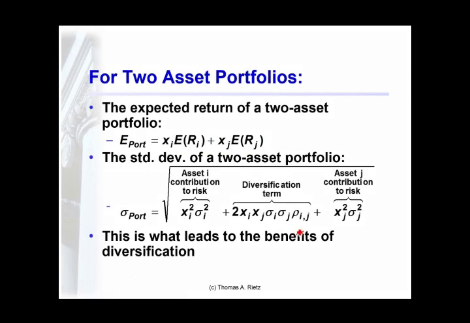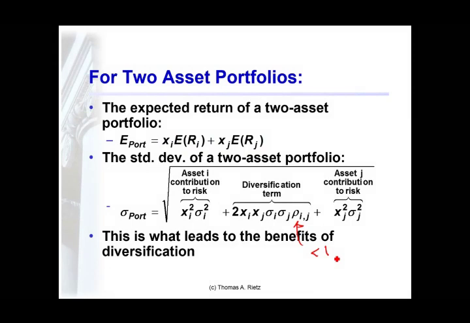Now, as long as the correlation term is less than 1, this actually reduces risk, because if the correlation is less than 1, there are at least some times when one stock is moving up, the other is going down, and they cancel the risk in those cases. We call that the benefit of diversification.